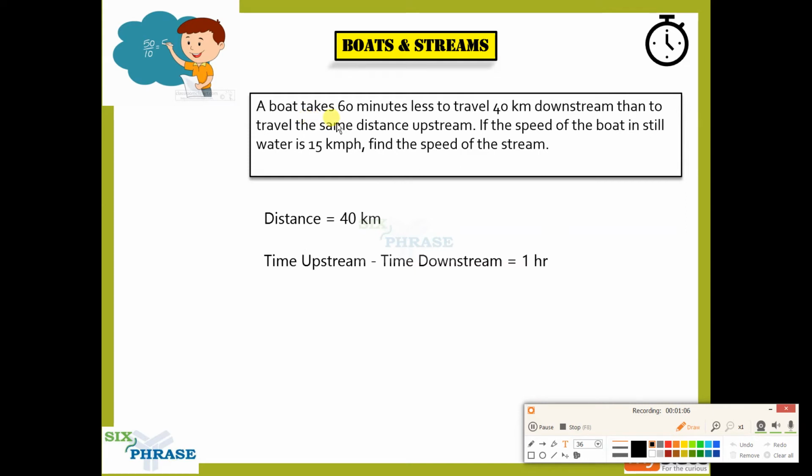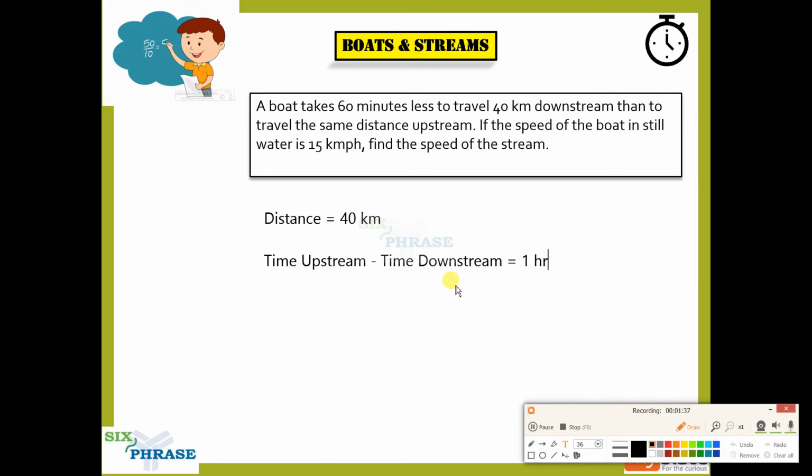You know that time upstream is going to be greater, right? Upstream time is always greater. Downstream time is always less. Upstream speed is less and downstream speed is more. Okay, because speed and time are inversely proportional, guys. The time of upstream will always be greater, so you should do time upstream minus time downstream. Don't do the opposite.